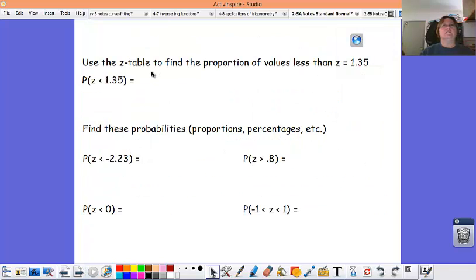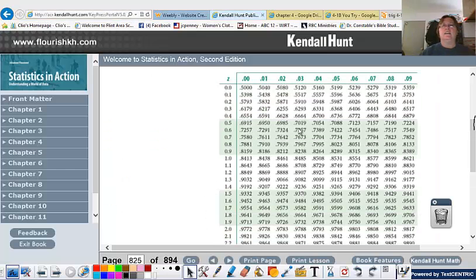We are going to find the proportion of values that are less than a z of 1.35. I've moved the page in the table so that we can see the positive values for z, and we need 1.35. So here's the 1.3 row, and we want to move over to the 0.05 column. So the probability that we would find a data value that lies at or below a z-score of 1.35, according to the table, is 0.9115.